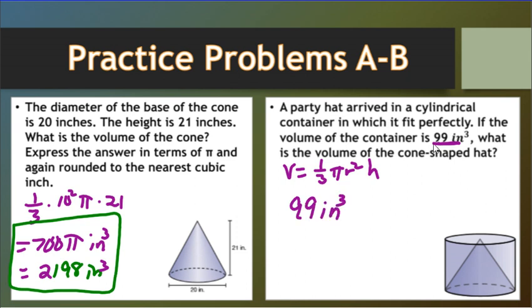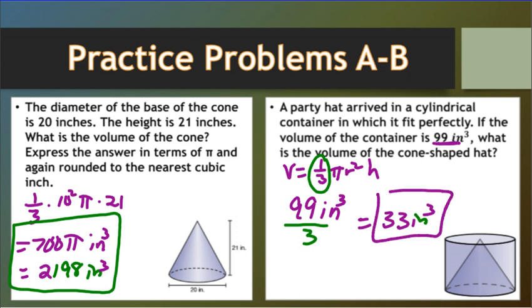If that is 3 times the volume of the cone, what is the volume of the cone? I would just have to divide that by 3, or here it's 1/3 times the volume of the cylinder. So 99 divided by 3 would give us 33 cubic inches. And this would be the volume of the cone-shaped hat.